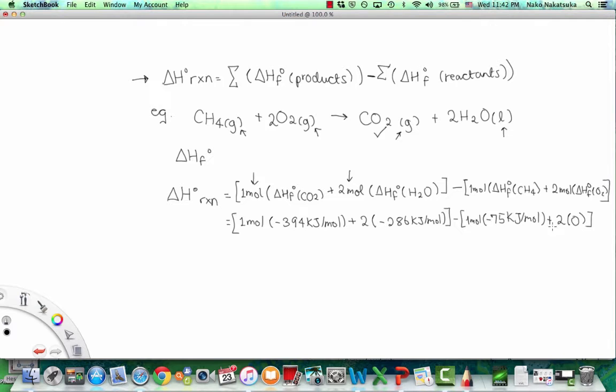The reason the delta H of formation of oxygen is 0 is because an element in its most stable form is 0. I mentioned that before, right? So this is just a value of 0. When you add those up, you end up with negative 891 kilojoules. So this is an exothermic reaction, right?